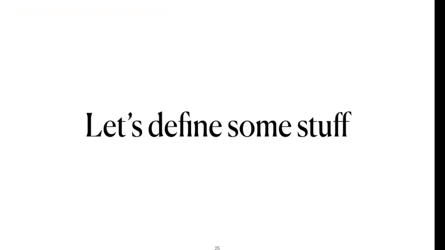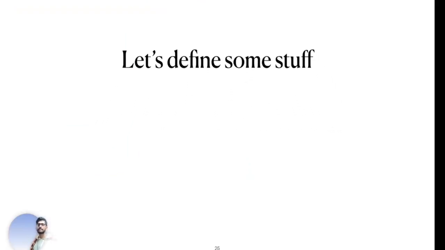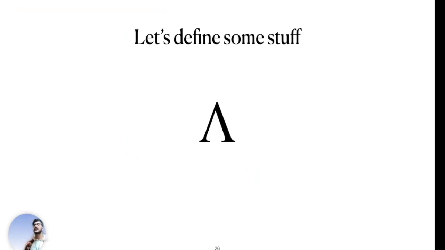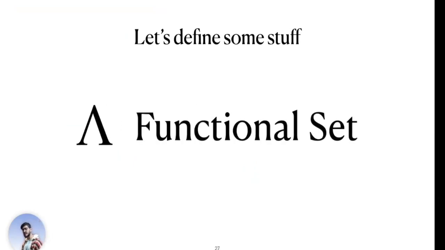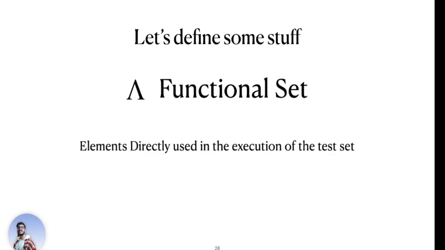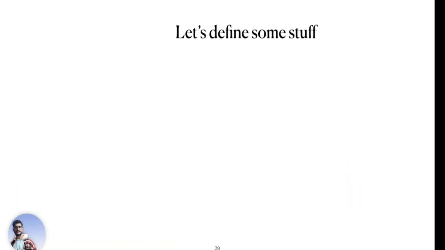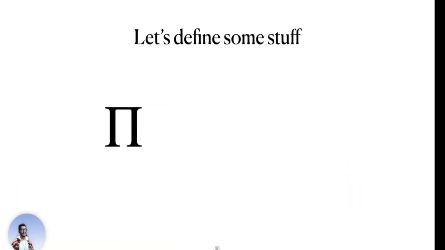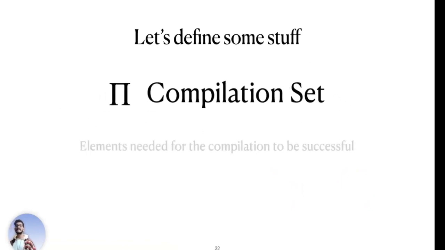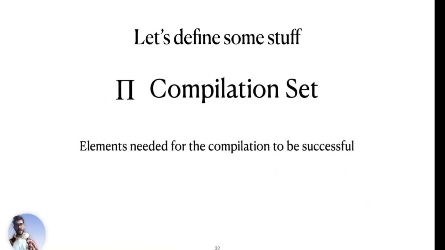Okay, let's define some stuff. First, we're going to define functional sets. A functional set is a set of elements that is directly executed or used while executing our test sets. In our example, boo.boo2 and bar.bar1 are in our functional set. They are directly used. Next, we have our compilation set, which are elements that are referenced by the functional set.